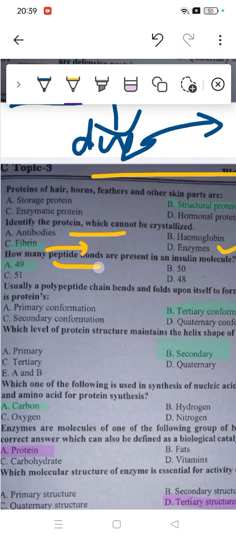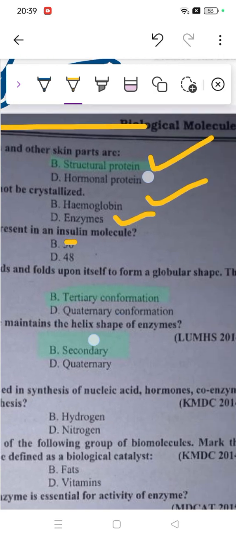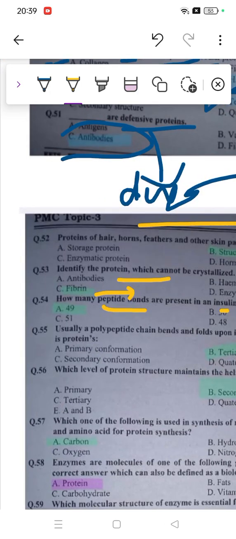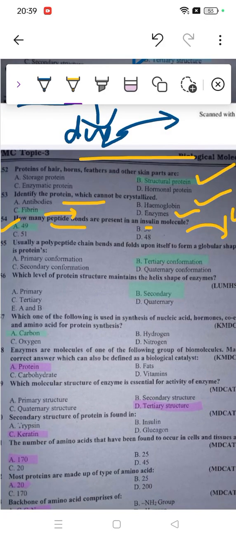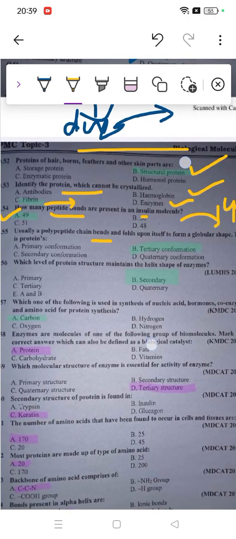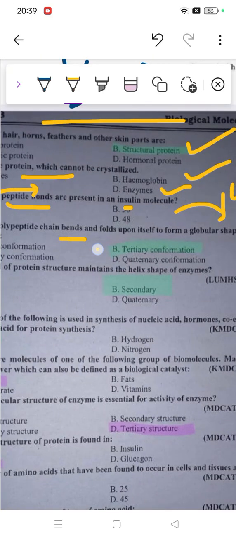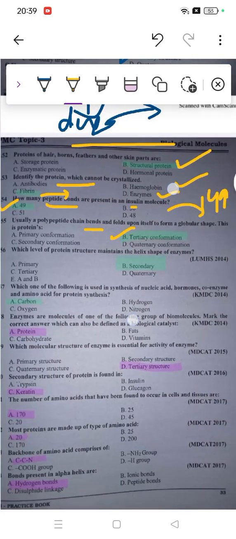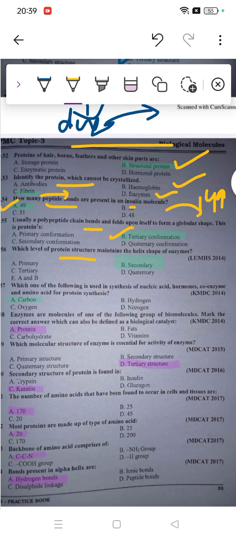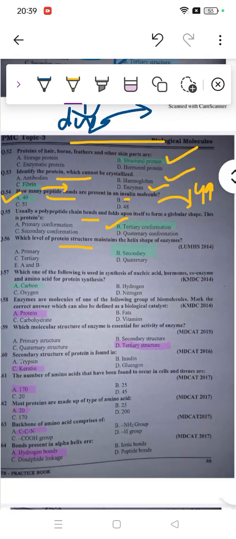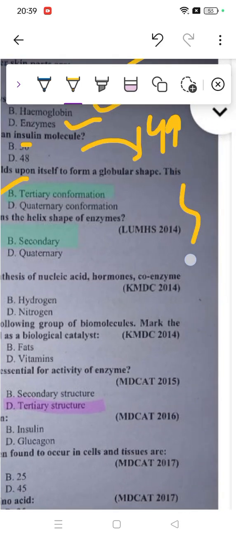How many peptide bonds are present in insulin? In insulin we have around 49 peptide bonds. So A is the right option. Usually a polypeptide chain bonds and folds upon itself to form a globular shape. This protein is called tertiary. Okay, then which level of protein structure maintains the helix shape of enzymes?